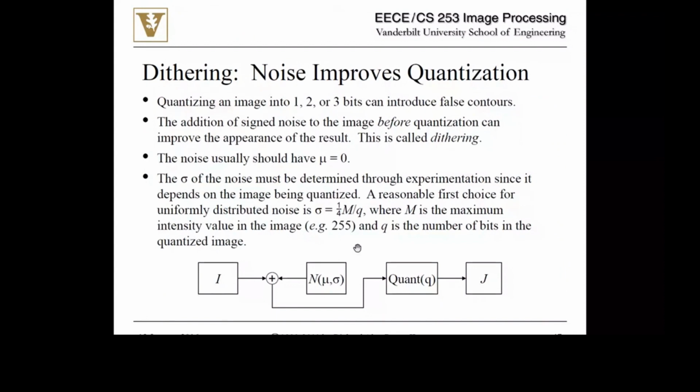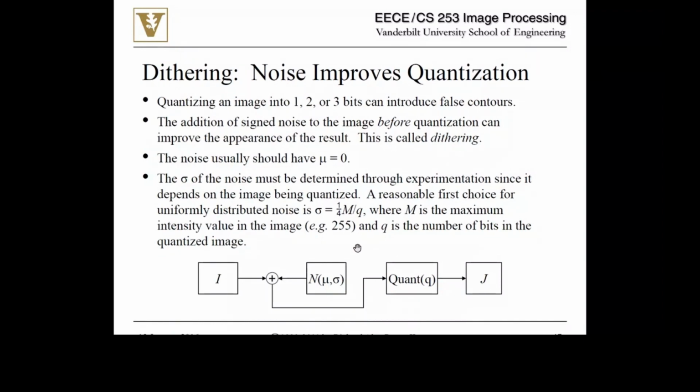So a possible strategy could be the following. You start with your original image, you introduce some noise, you have to control what the noise levels are. And then the noisy image is the one that you quantize. And what is the noise level? So normally you put 0 mean, so you don't want to shift your gray values. And how much noise?